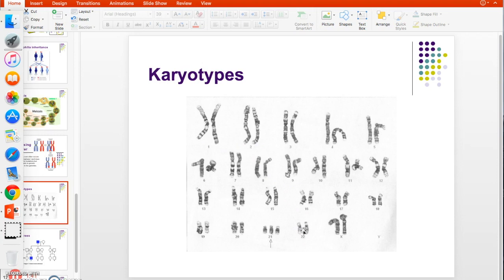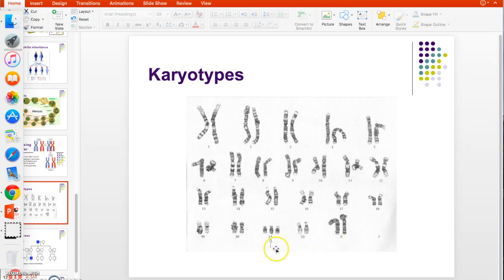They have all the traits on them that are not associated with our gender. Then you have the last set, which does tell you your gender and carries traits associated with being a boy or a girl. In this case, we see 2 X chromosomes indicating this is a female.